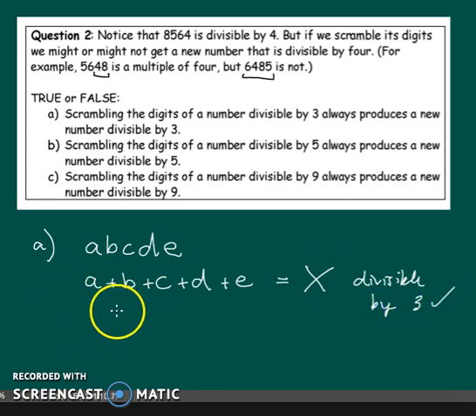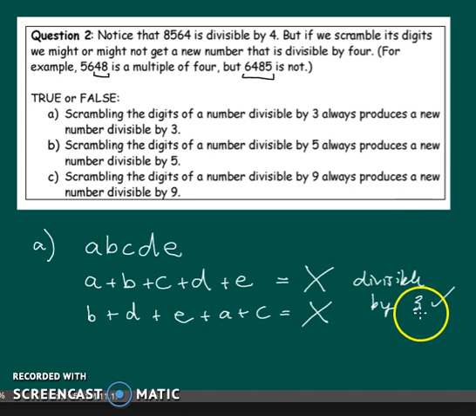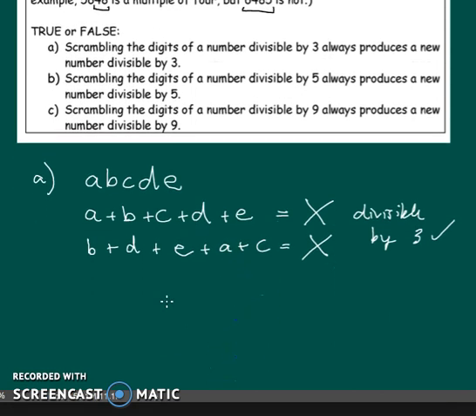Now, if I rearrange these numbers into a different order, say B plus D plus E plus A plus C, I will get the same number. That's because in terms of addition, no matter what order I add any set of numbers in, I will get the same answer. So yes, if I scramble the digits of a number divisible by 3, that number will also be divisible by 3.